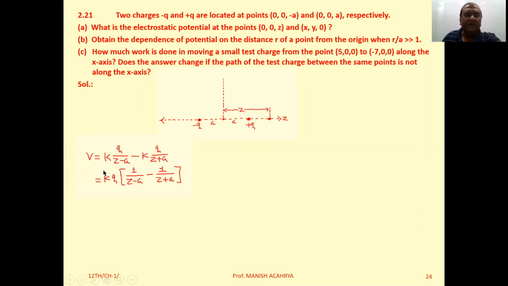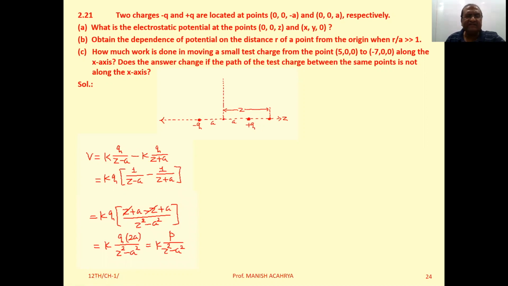Now see, potential at point z is kq upon the distance between that point and plus q, that is z minus a, and for the negative charge the distance is z plus a, but the charge is minus q, so the potential is minus kq upon z plus a. Take kq common, so 1 upon z minus a minus 1 upon z plus a.